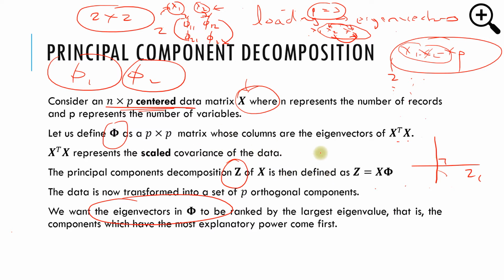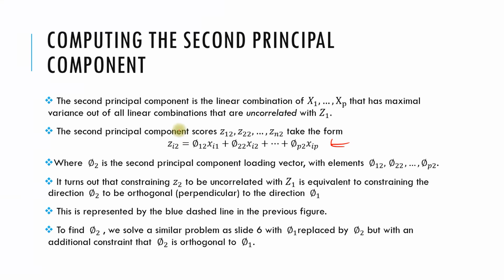Now, as I said to you, how do we get these phi values? These phi values are obtained by the eigenvector of that matrix. All right, so to find these phi, we just need to find the eigenvector of X transpose X. So this is how we get these phi that were looking a little bit difficult at first sight.